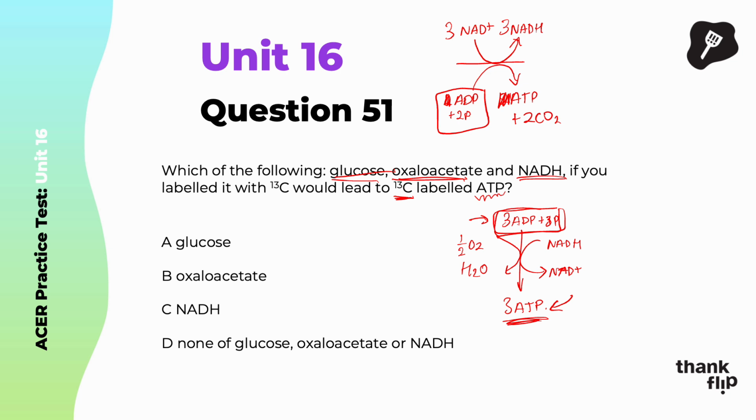They're simply catalysts for this reaction sometimes. So NADH is a catalyst for this reaction here, and it's formed in this reaction here. It's a product of this reaction here. So it's not actually contributing to the actual molecular structure of ATP. And so the answer here is D.